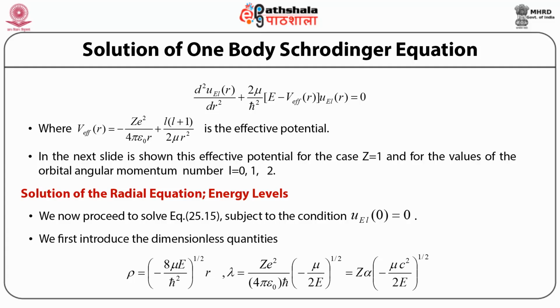We first introduce the dimensionless quantities, that is rho is equal to minus 8 mu E by h cut square to the power half multiplied by r, lambda is equal to Ze square by 4 pi epsilon naught h cut multiplied by minus mu by 2E to the power half, equal to Z alpha multiplied by minus mu c square by 2E to the power half.